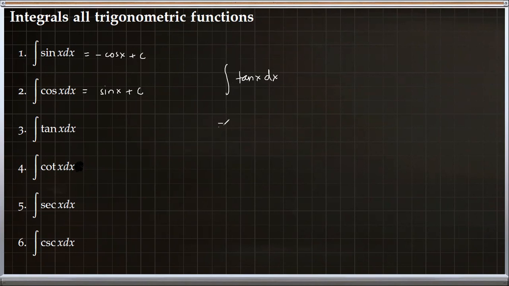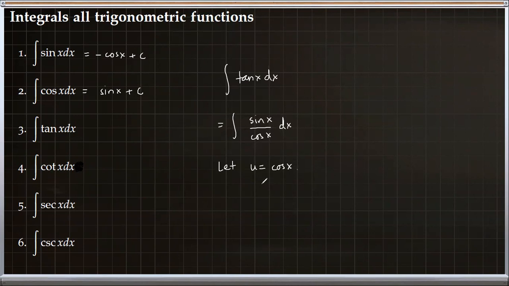First, we want to write tangent as ratio of sine over cosine using the trig identity. And then we can use u substitution over here. So we can let u be cosine x.